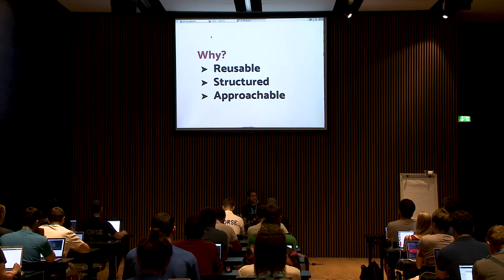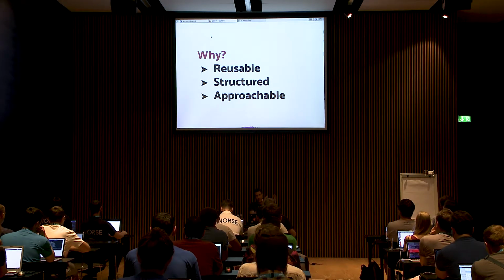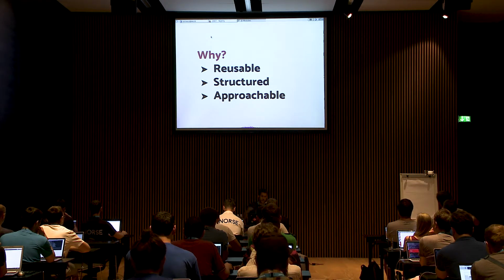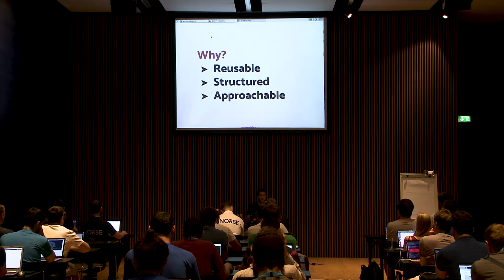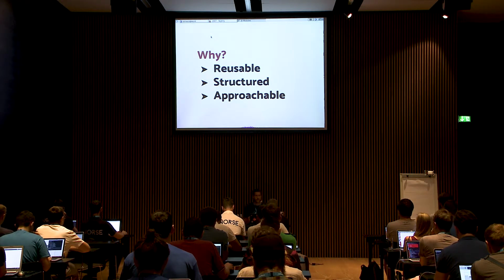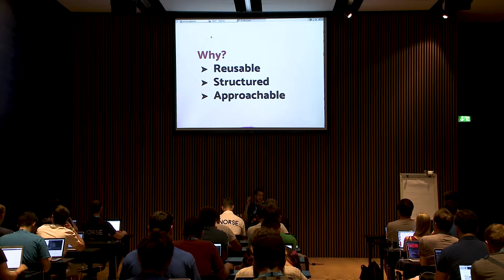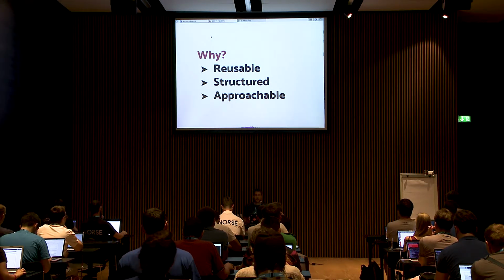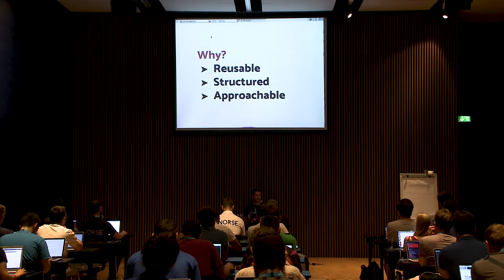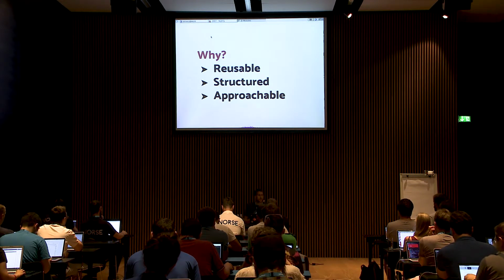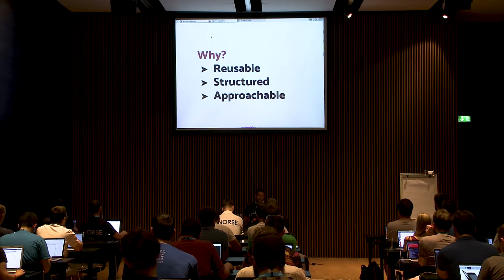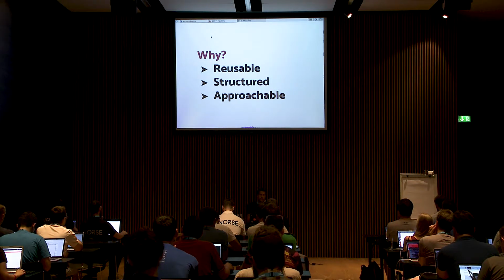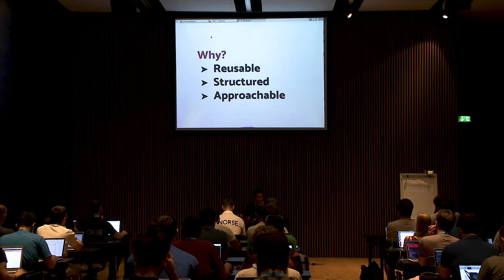Not only that, I also found when I finally came around to splitting this library into actual, relatively clean small modules, that if you build something as a single blob, even though I did apply some relatively serious abstraction and engineering practices, you just get dependencies everywhere. Everything starts to touch everything else, and it becomes really hard to create a structure for this system. So modules also help us architect things in a way that is structured and approachable.